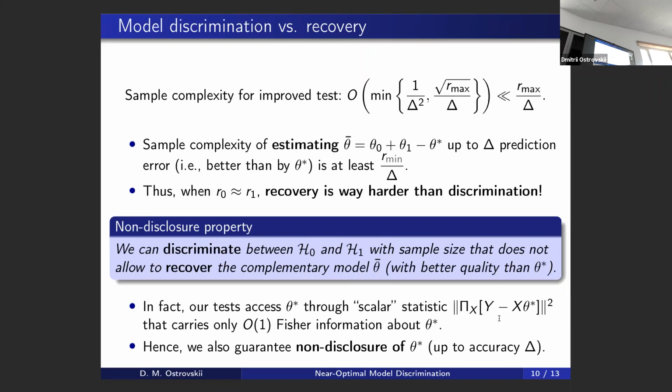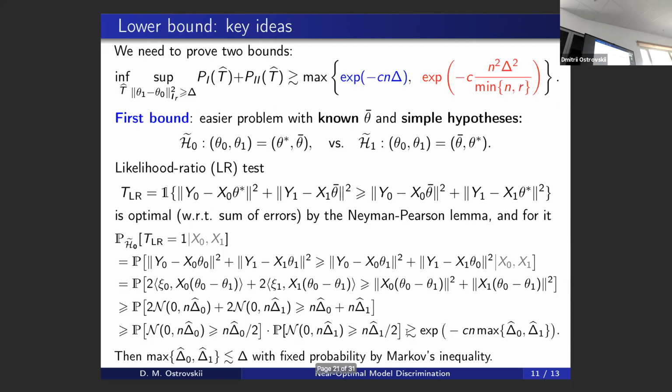But even if, as a tester, you don't have direct access to theta star and you have access to the samples, this is still not enough to recover theta bar nor theta star. Probably better to discuss this when we deal with applications, because it's probably way too abstract right now.